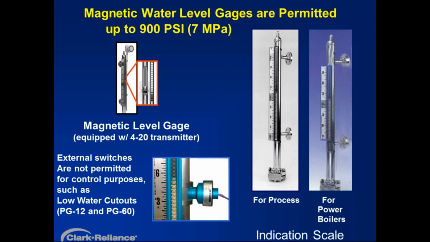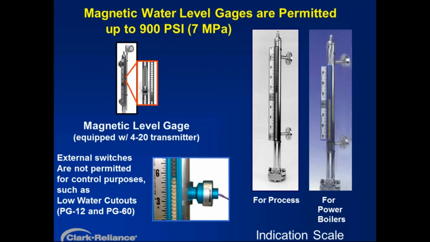My last comment on this slide is you'll notice the two illustrations off to the right, and the one that indicates for process, I would invite any of you to go looking on the website at magnetic level gauges, and you will see the indication scales extending into and above or below the two process connections.